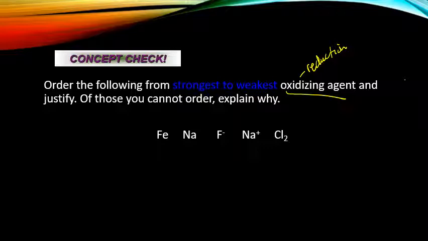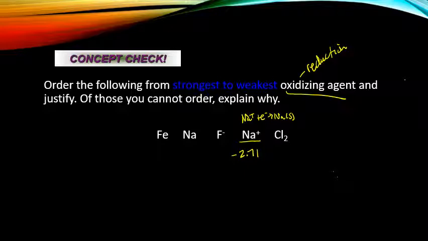Number one, the Na plus could be reduced, and if we looked at that half reaction, Na plus plus an electron going to Na as a solid, it was a negative 2.71 for the value.